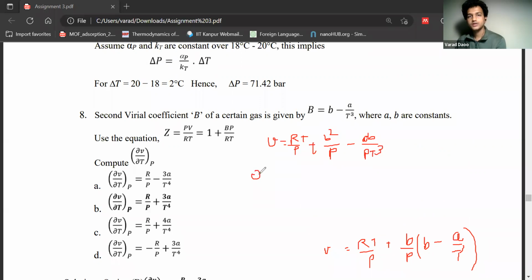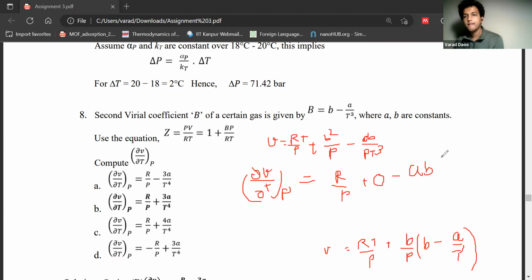Now you just take the differential. ∂V/∂T at constant P is equal to R by P plus 0, because B and P both are constant, minus A by B ∂/∂T, where P is also constant, of 1 by T cube.